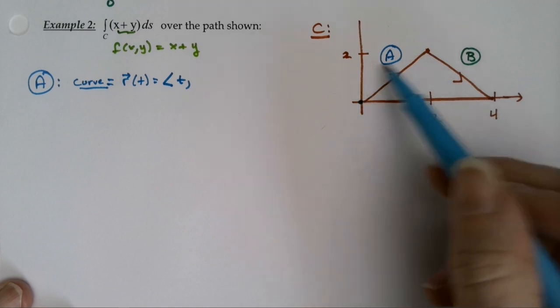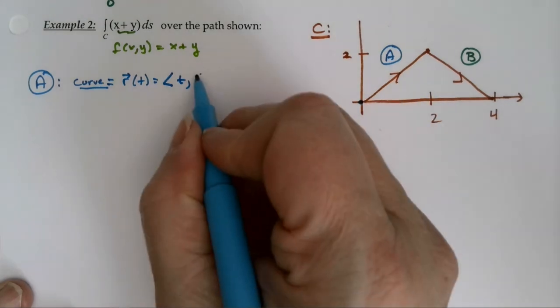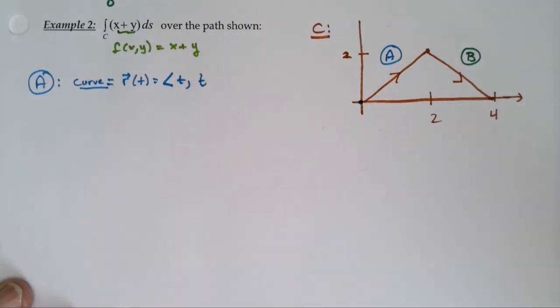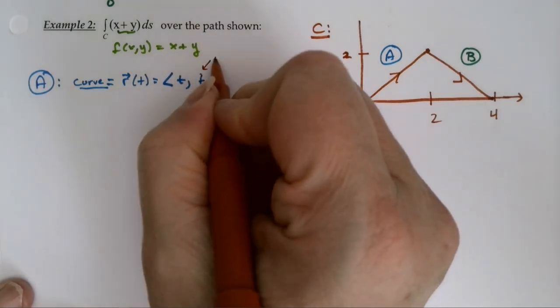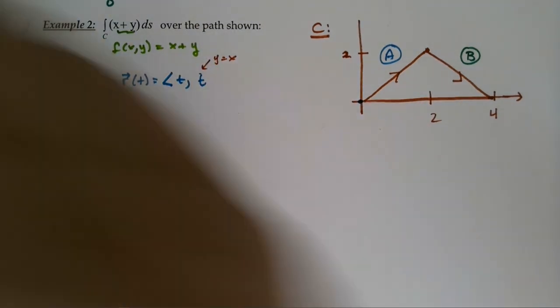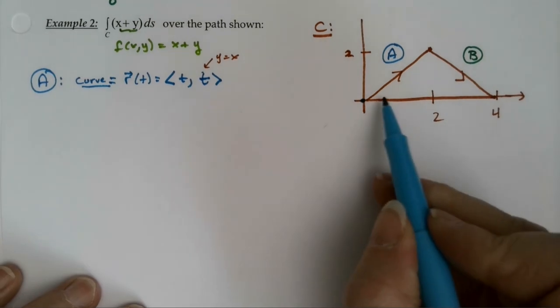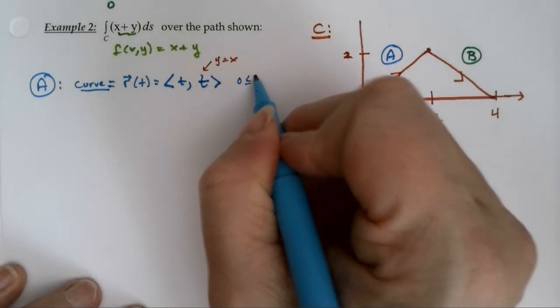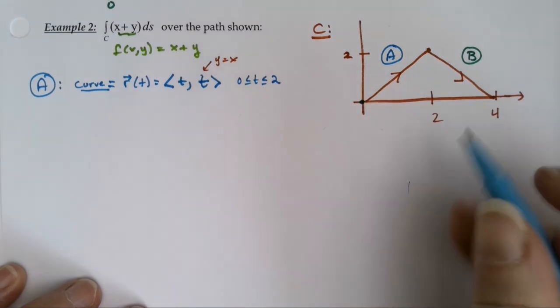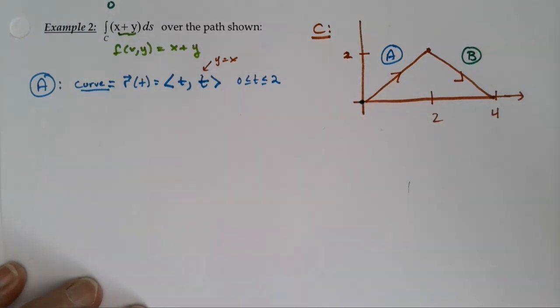So slope of 1, and it goes through the origin, so that's just y equals x, and therefore if y equals x, then y equals t. Now, this is going to be from 0 less than or equal to t, less than or equal to 2 on this one, because we're going all the way to x equals 2.